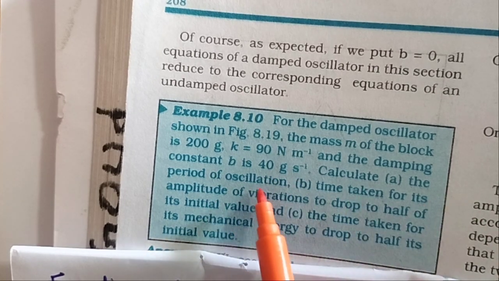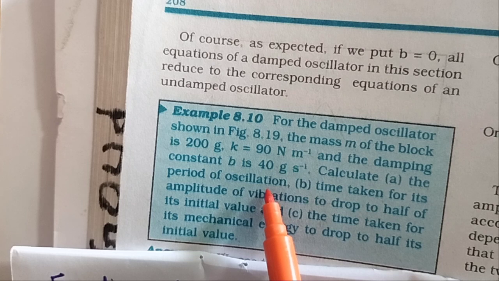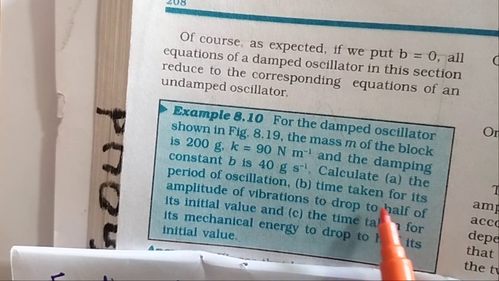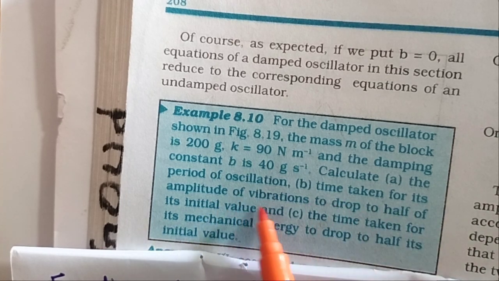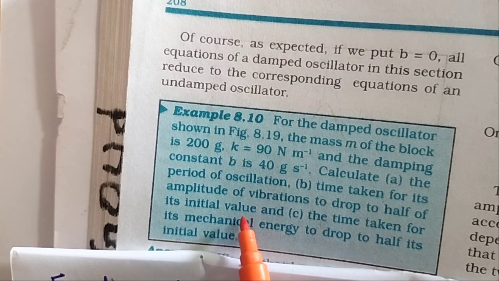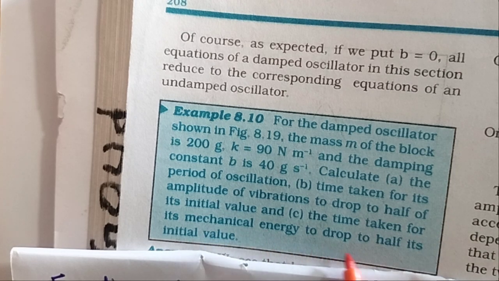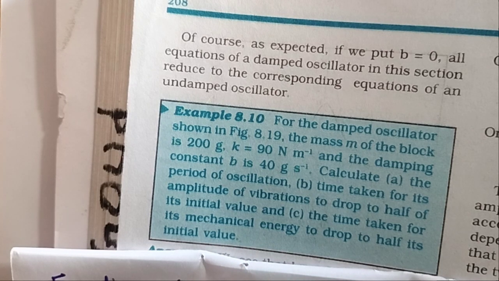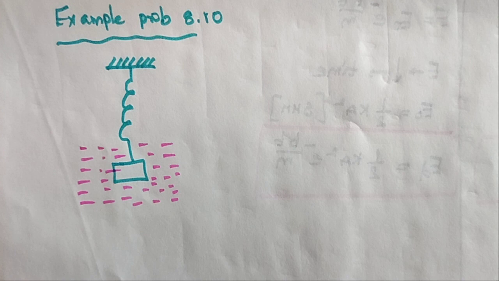Calculate the period of oscillation, T. Second, the time taken for the amplitude of vibration to drop to half of its initial value. Third, the time taken for the mechanical energy to drop to half of its initial value. I will explain the solution of this example problem.